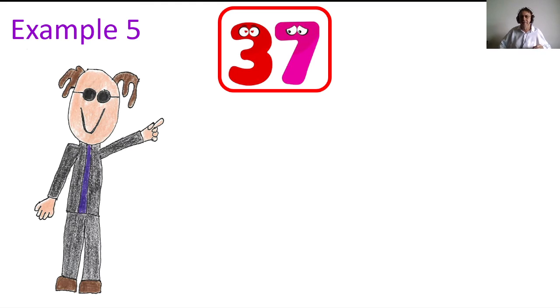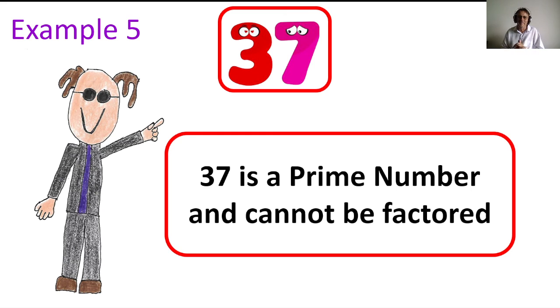How about 5? No, it cannot be divided by 5. 37 is in fact a prime number, and it cannot be factored. So if you're asked to find the prime factors of 37, it cannot be done. 37 is a prime number and cannot be factored.